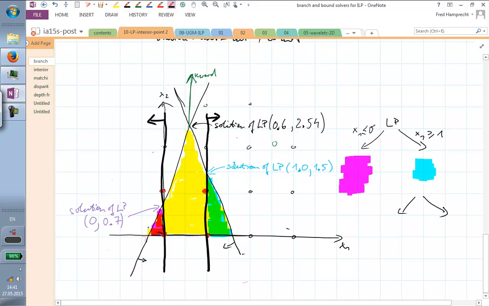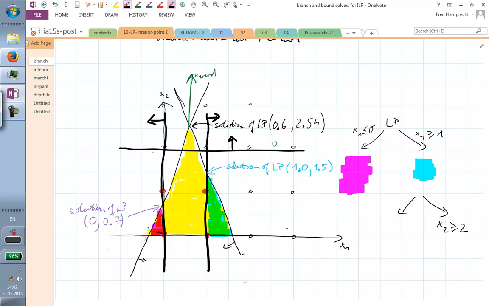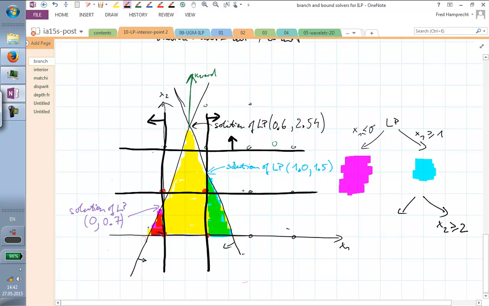I'm adding a new constraint which says either I should have a value of x2 which is no less than 2, or I should have a value of x2 which is no more than 1.